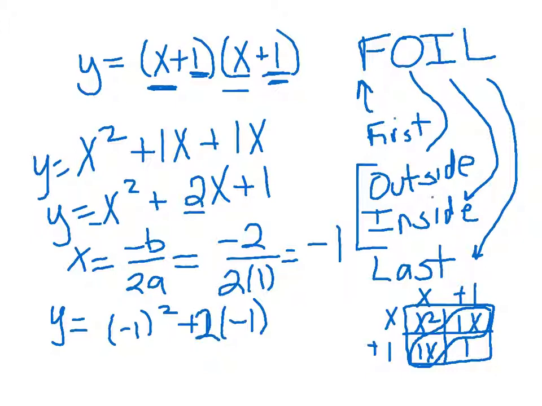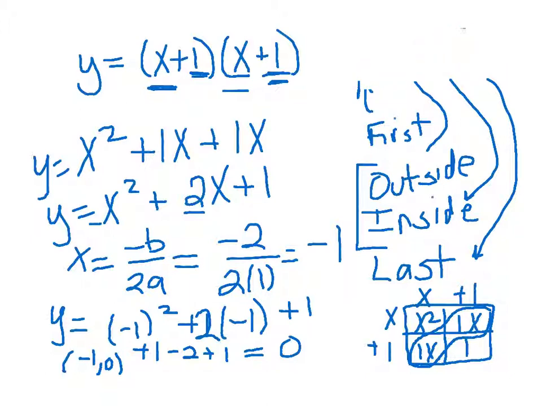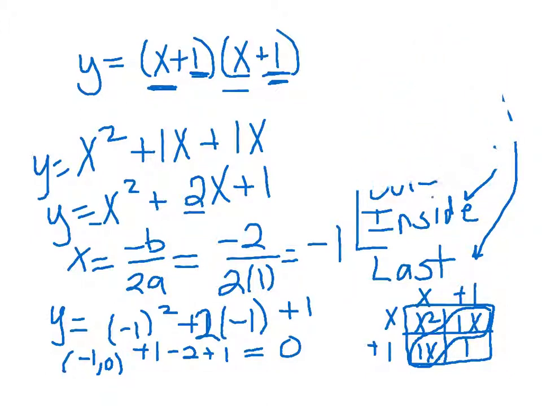Plus 2, times negative 1 plus 1. So negative 1 squared is positive 1. Minus 2 plus 1, that will be equal to 0. So our vertex is the ordered pair (negative 1, 0). This opens up because our x squared term is positive.